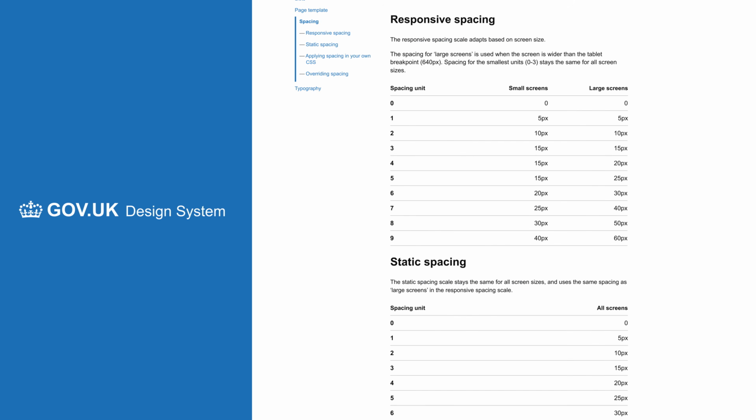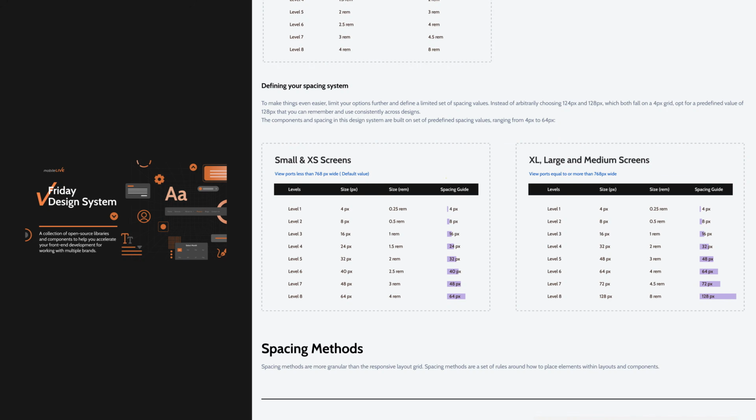If we look at gov.uk, they break it down by static and responsive values, and they also combine it with a numerical order. If we look at the Friday design system, they group the names based on extra small and small screens, or extra large, large, and medium screens. And it's also combined with levels that follow a numerical order.